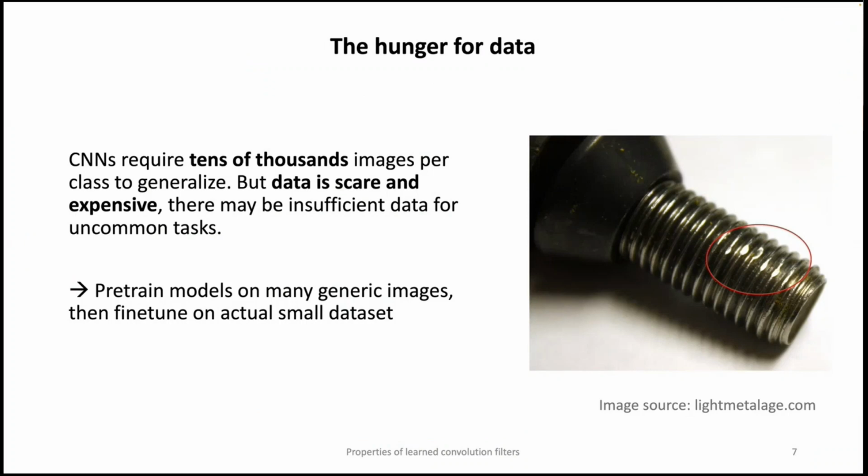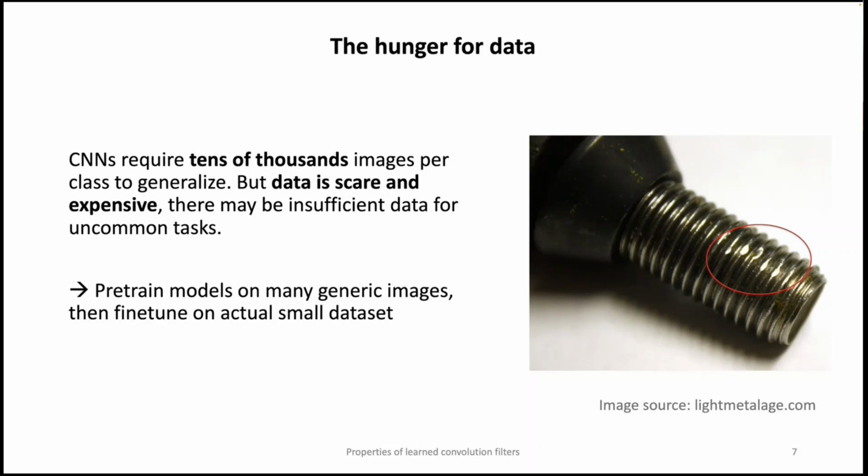So one problem of CNNs, however, is that they are very hungry for data. So to typically recognize a class, you need tens of thousands of images. And if you're a small company and let's say you're trying to do some end-of-line tests where you detect damages to some screws, then you probably won't have tens of thousands of images of defective screws.